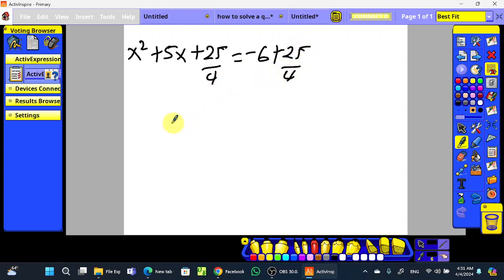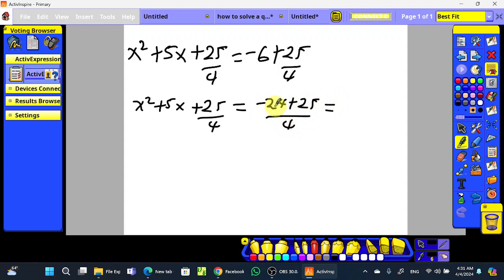So this is going to be x squared plus 5x plus 25 over 4 is equal to minus 24 over 4 plus 25 over 4, that's equal to 1 over 4.